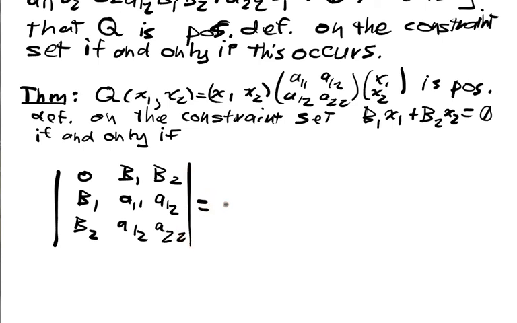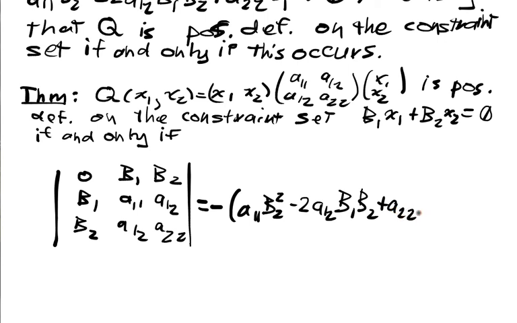It turns out this is equal to negative that term we saw in the numerator, b2 squared a11 minus 2a12 b1 b2 plus a22 b1 squared.